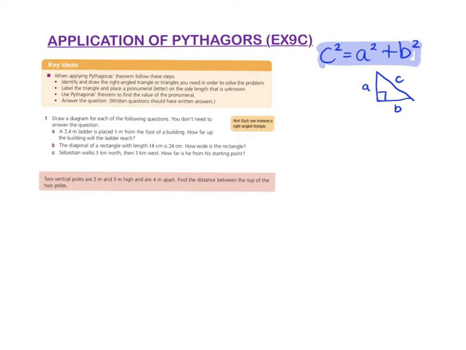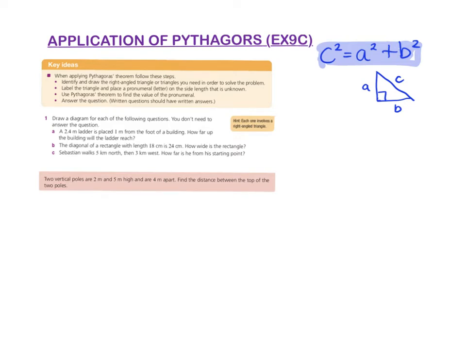Use Pythagoras' theorem to find the value of the pronumeral, meaning the letter that you don't know, and answer the question. It says written questions should have a written answer. So if they say what's the height of the tree, just write the tree equals. You don't have to write a big sentence, just use the corresponding word that they're using.